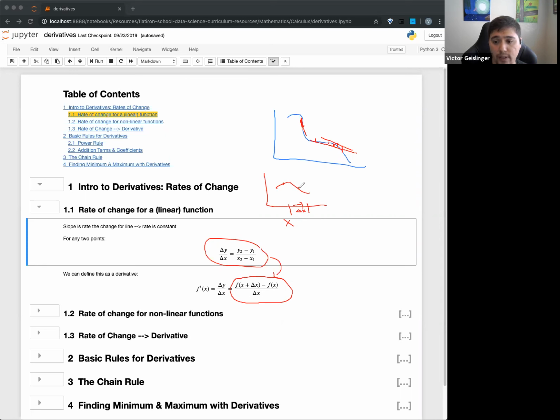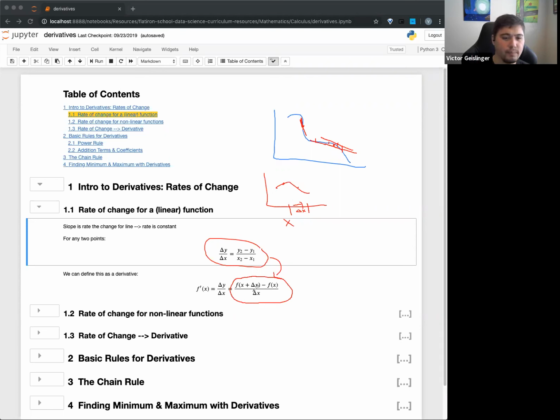This is the y value for x plus delta x, this is the y value for just x. Then we have the change in the x direction, and that gives you your rise over run, so your slope. Then we just make this as small as possible with the limit, and then boom, you've got the derivative.